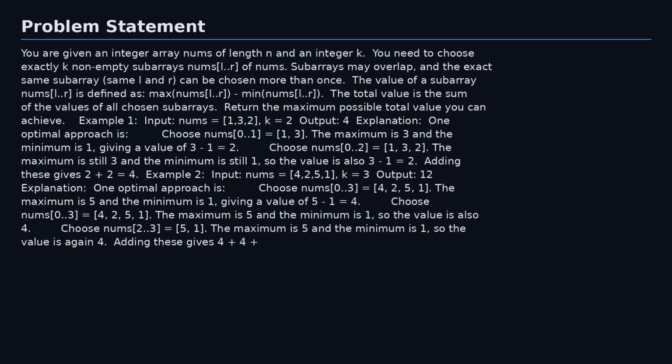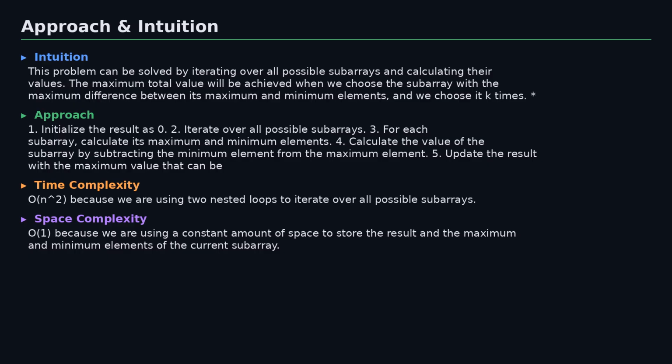The intuition behind this problem is that we need to find the subarray with the maximum difference between its maximum and minimum elements. Think of it like this. Imagine you're trying to maximize the area of a rectangle. You would want the height to be as large as possible and the base to be as small as possible. Right?